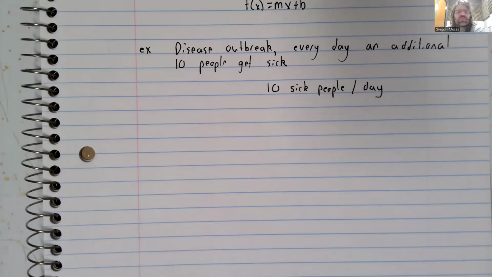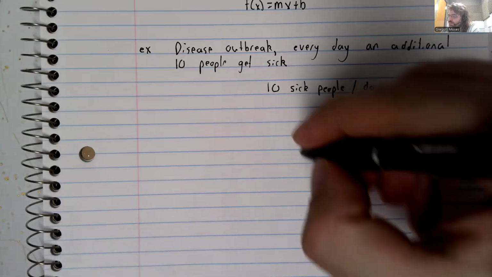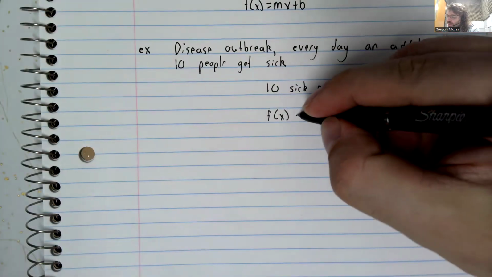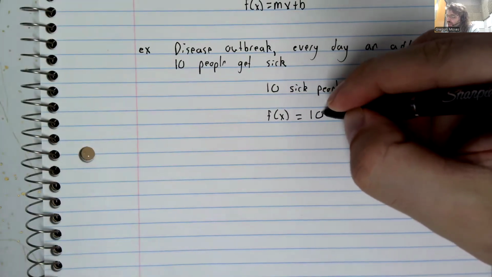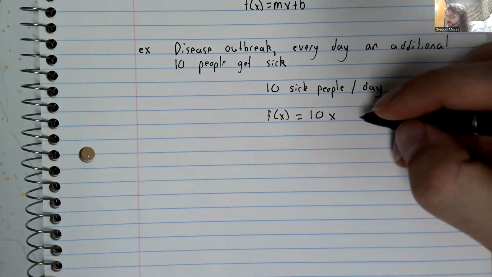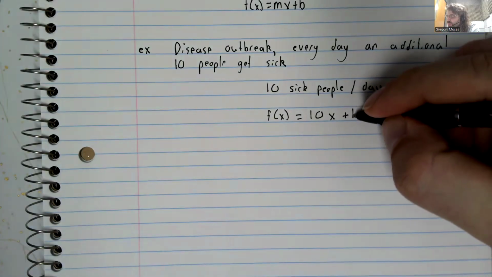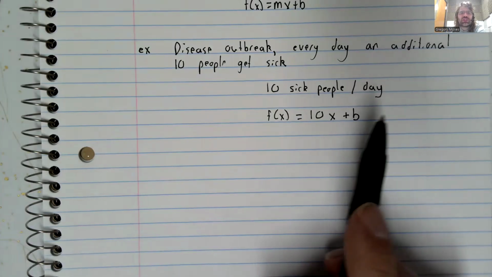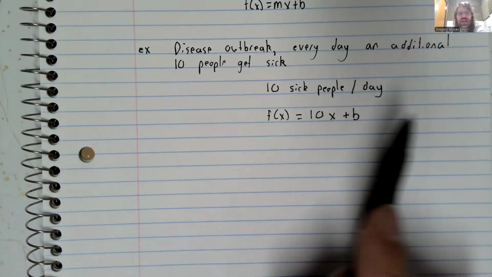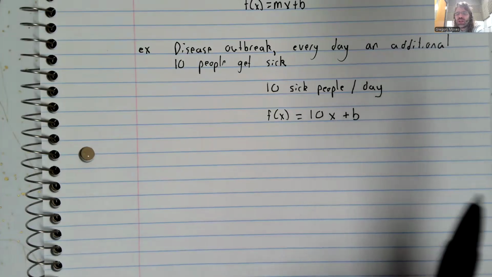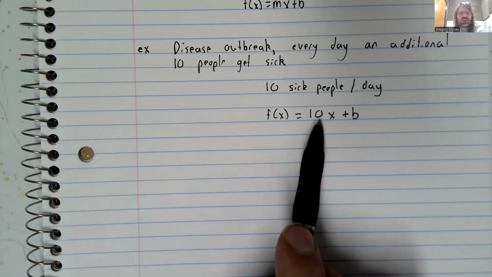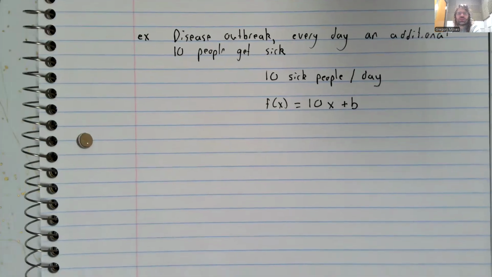It's never changing. f of x equals 10x plus b. b is the y-intercept here, but going back to what I said earlier, we're really not interested in this. This is what we care about from a calculus viewpoint.